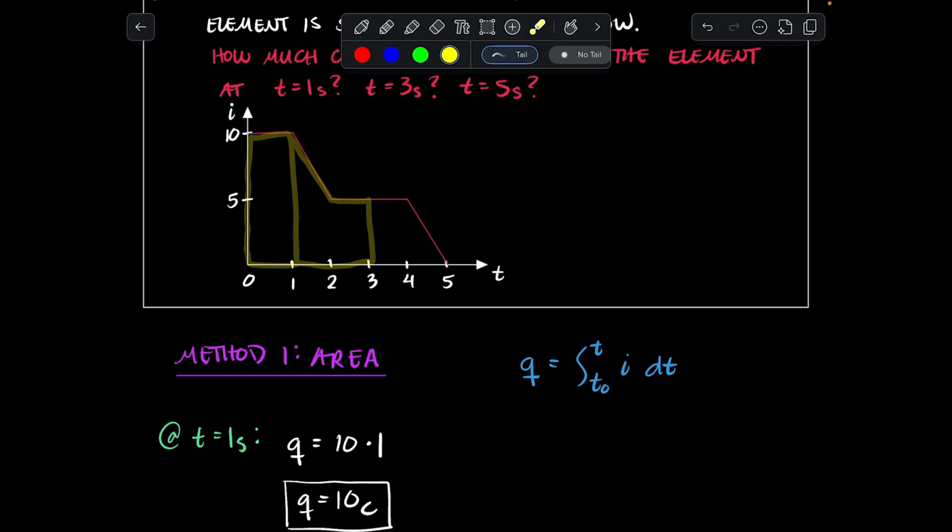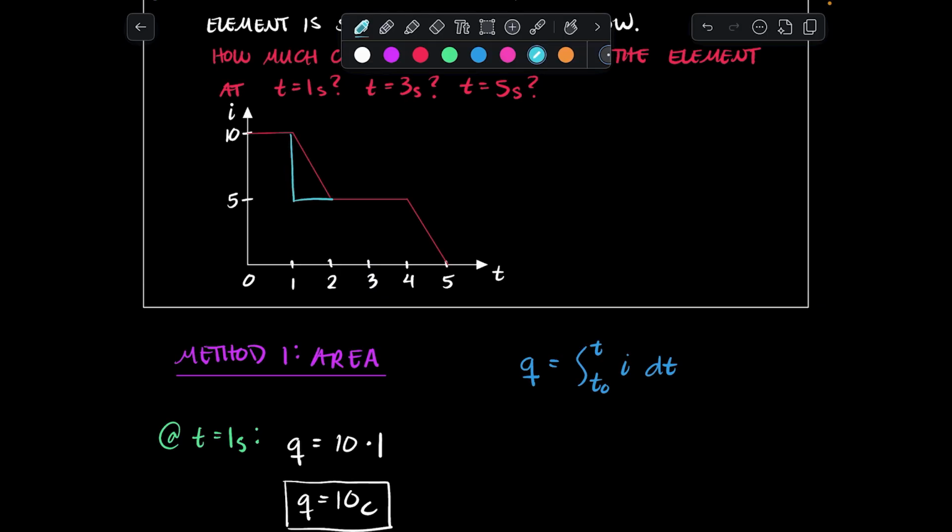So since we've already solved for this initial area between 0 and 1, we're just going to find this area between 1 and 3. And we're going to break this up into a few different areas here.